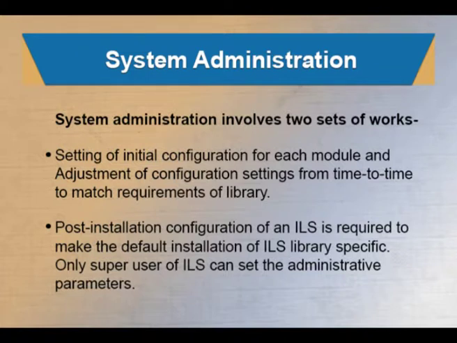Say you want to start the acquisition module, then you need to define the currency conversion table and the budget. You need to create member management, borrower categories, then some patrons you need to add into those categories.